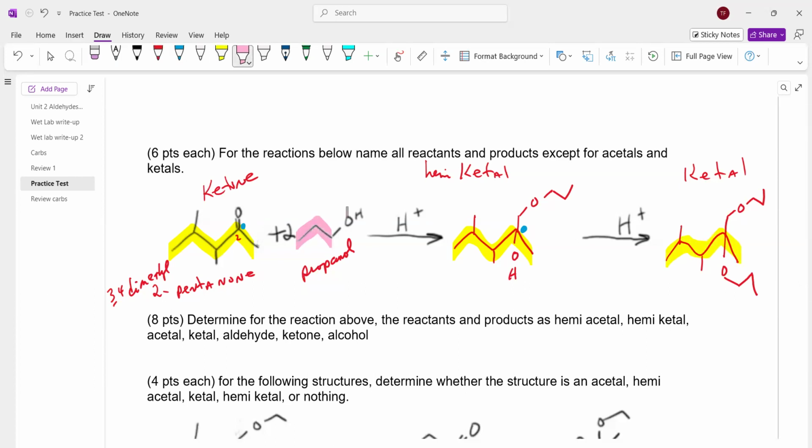So this is our secondary backbones. Very straightforward ketone alcohol reaction.